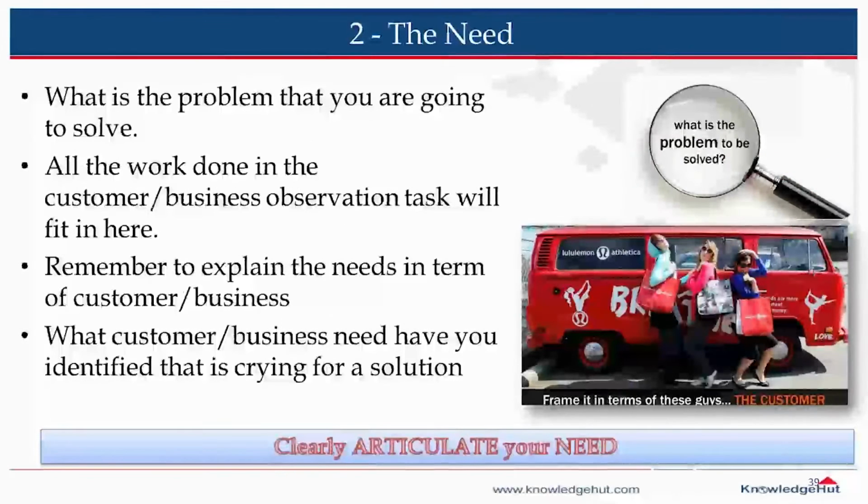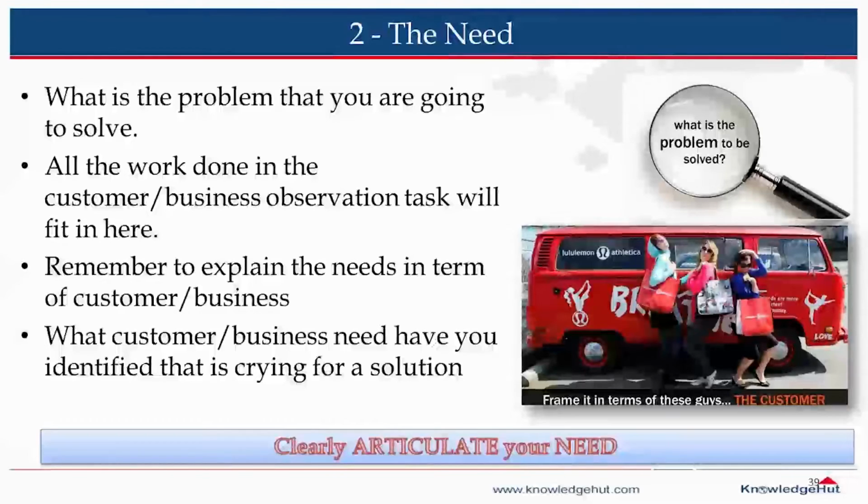The second aspect that we mention here is the need. We need to clearly articulate the need. What is the problem that you are going to solve? All the work done in the customer or business observation task, you need to mention those.